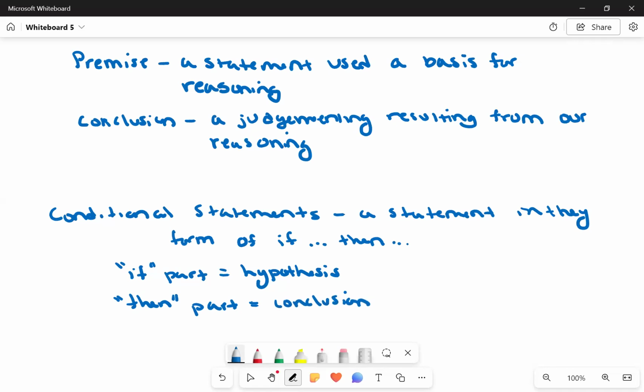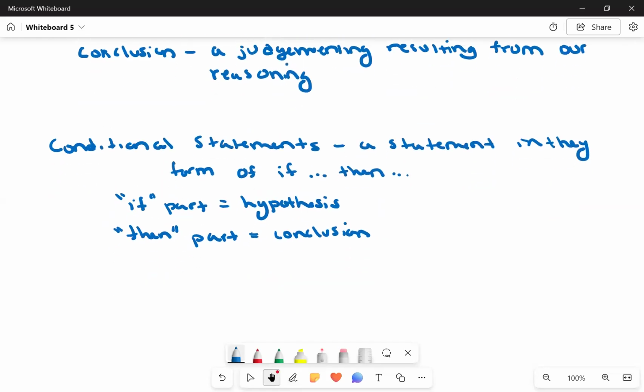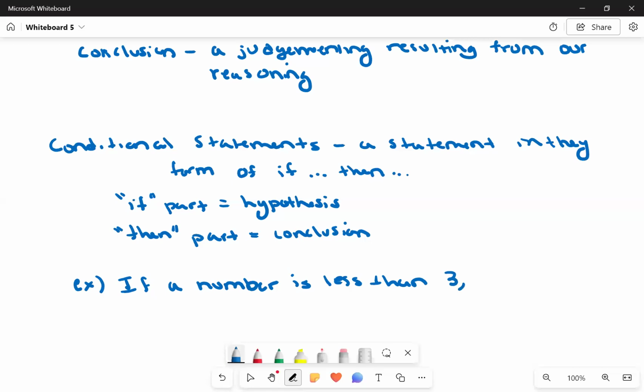Okay, so let me give an example of an if-then statement. Example, if a number is less than 3, then it is less than 8. That is an if-then statement.